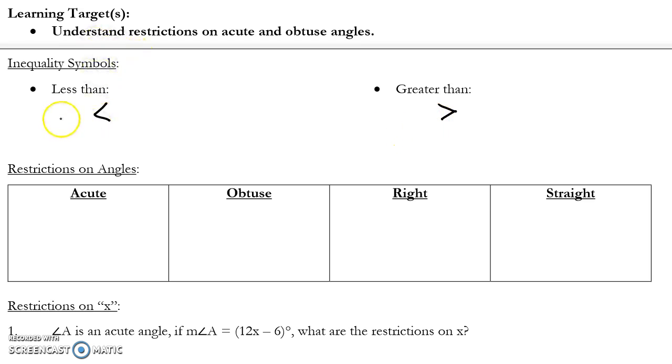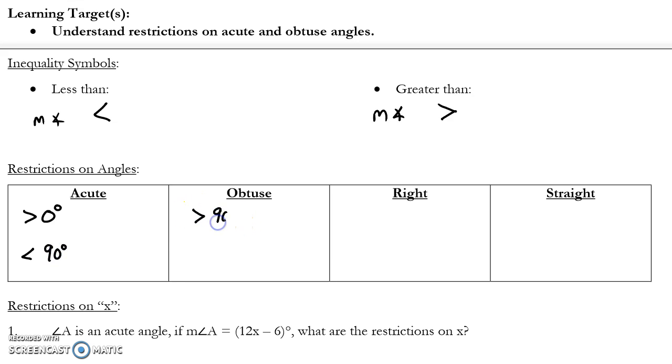Think of it as saying my measure of my angle is less than the smaller of whatever the value is, or the measure of my angle is greater than. One thing I don't think we need to review too much is the restrictions on our actual angles. If my angle is acute, it must be greater than 0 degrees, so again my greater than symbol, and less than 90 degrees.